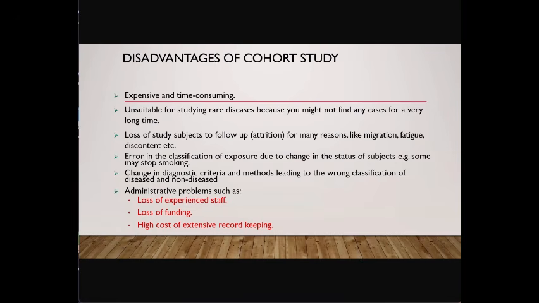Okay. So, however, a major disadvantage is what we call attrition. Attrition means loss to follow up in diverse ways. People can decide to, okay, they can japa, right? They left the study. Although there are ways we compensate for that, if they leave, we use other people to replace them.